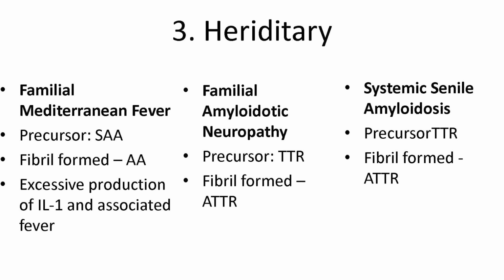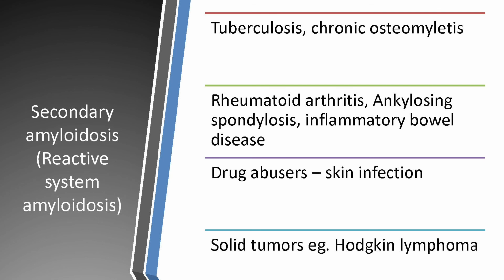Now, there are the secondary amyloidosis cases. Secondary amyloidosis occurs when there is already an underlying chronic condition. For example, people with tuberculosis, osteomyelitis, rheumatoid arthritis, spondylitis, and inflammatory bowel diseases all have this secondary amyloidosis, where you can see amyloids getting deposited in their organs.